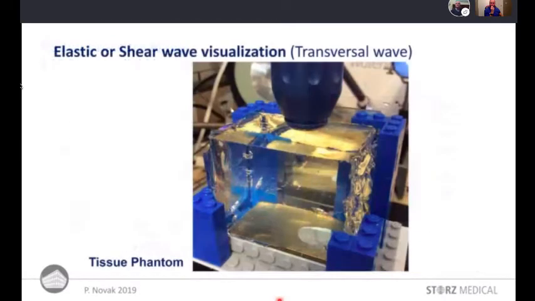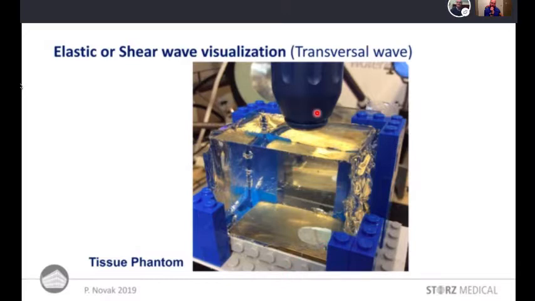And furthermore, due to the effect that the radial pressure wave and the small sonic component of it also has a transversal wave, we will see here that this transversal wave has a significantly deeper penetration depth compared to the longitudinal waves. So here we have a transparent tissue phantom.